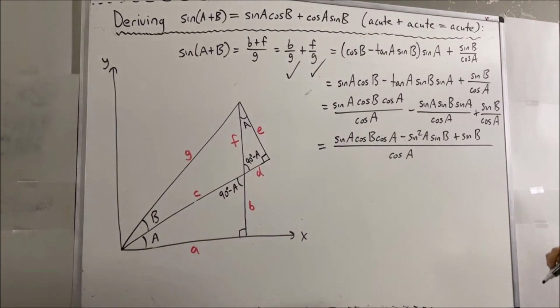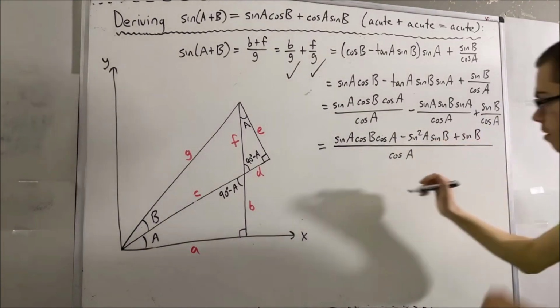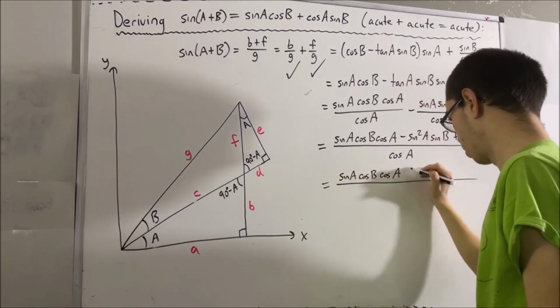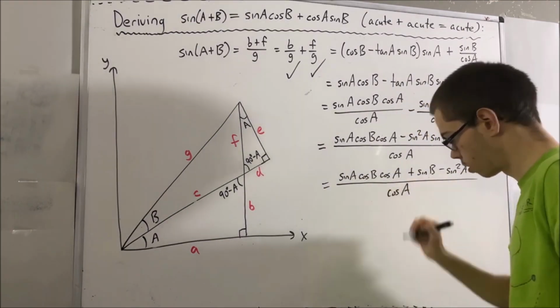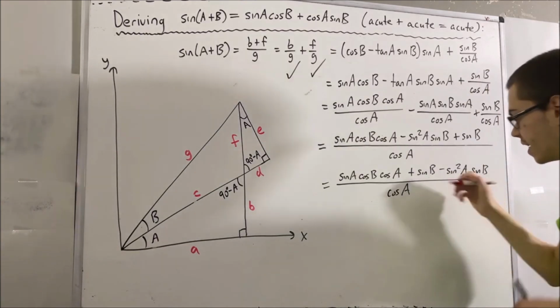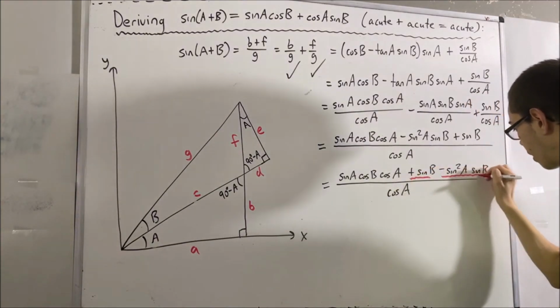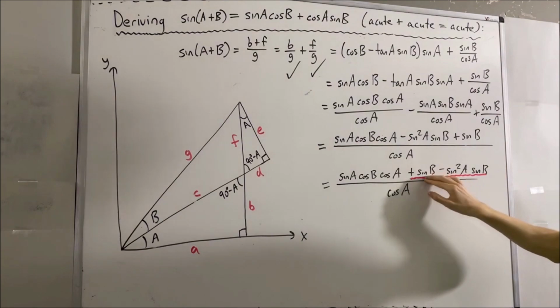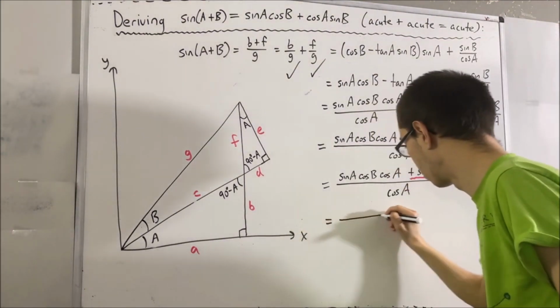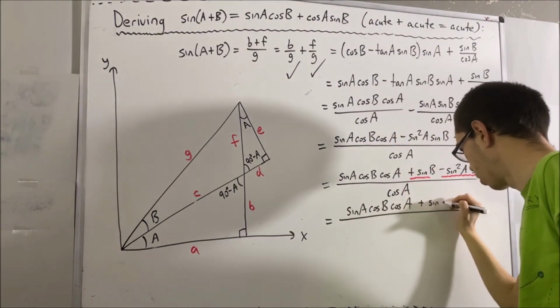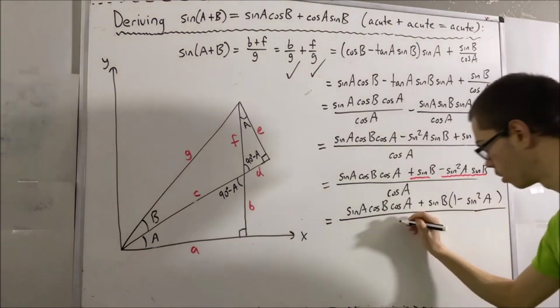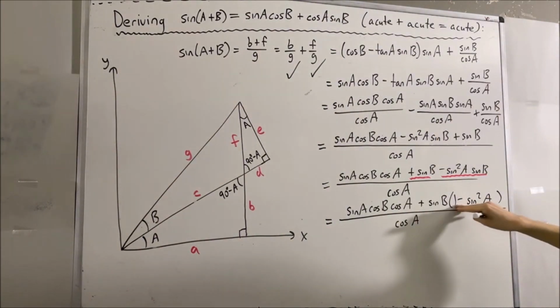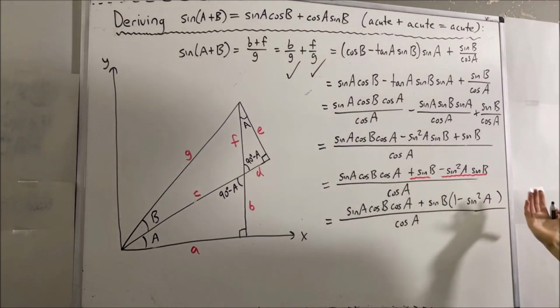Okay, so next I'm just going to swap these two terms. Now notice, in these two terms, I can factor out a sine b. And of course, 1 minus sine squared a is just cosine squared a.